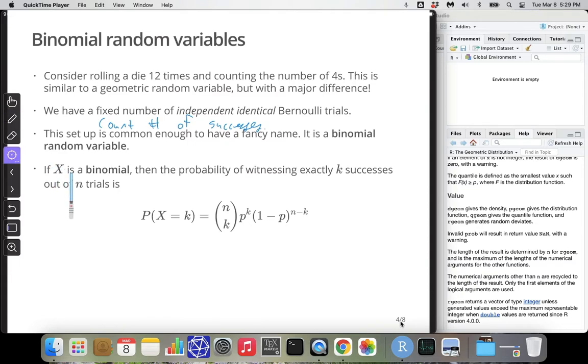So if we have a binomial random variable with n trials, then the probability of witnessing exactly k successes can be described by this formula here, where we have n choose k times p to the k times 1 minus p to the n minus k. Now, if you remember from lecture, this has a pretty nice interpretation. This is the probability of one scenario with exactly k successes.